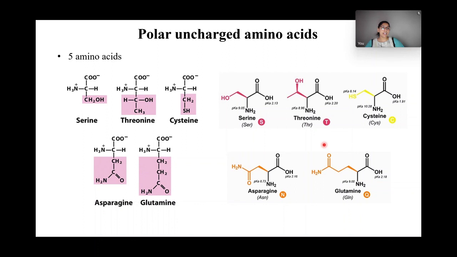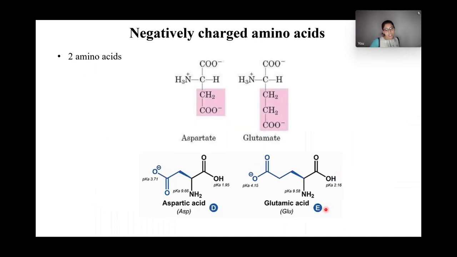Now, next are the negatively charged amino acids. That means they will have a negative charge in their R group. Note the names here. You just came across asparagine and glutamine in the previous slide, so you can understand where these names came from. This is CH2COOH, or COO minus.